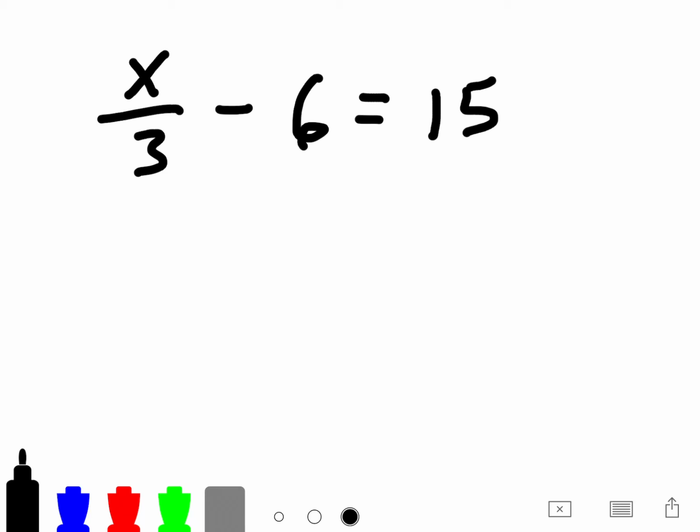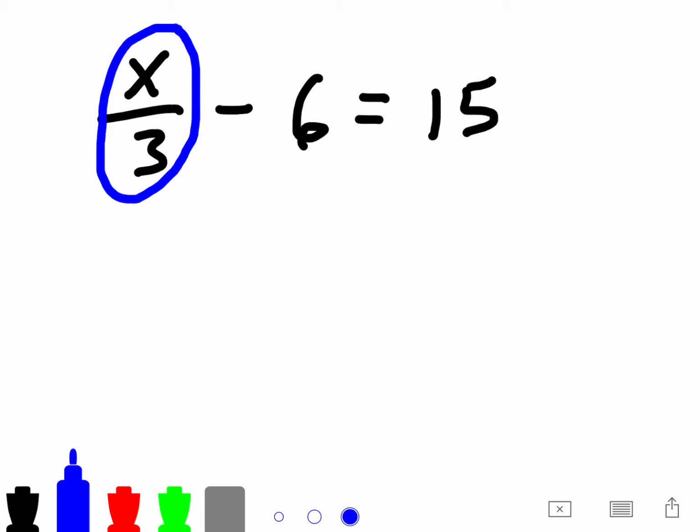But now that we're doing two-step equations, I'm going to circle the term that has my variable. So now that my term is safe in its little bubble, I need to get rid of whatever else is on that side. So I need to get rid of the minus 6. Well, how do I get rid of a minus 6? I get rid of a minus 6 by adding 6, right? The inverse to subtracting is adding. What I do to one side, I must do to the other.